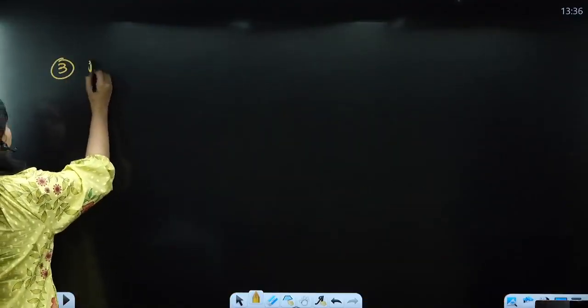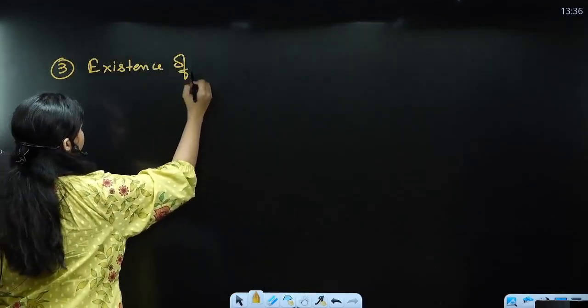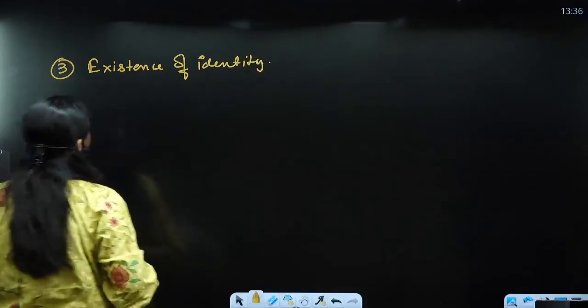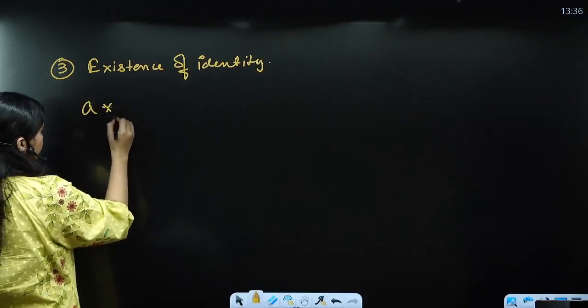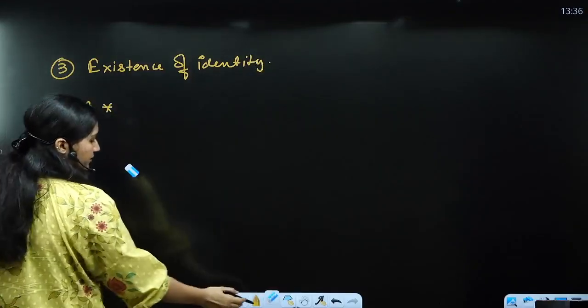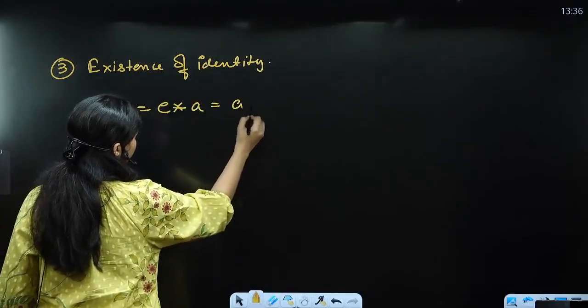Now the third one is the existence of identity. Now I need a star d, or I should say I'll take e only here, e, such that e star a is again equal to a.